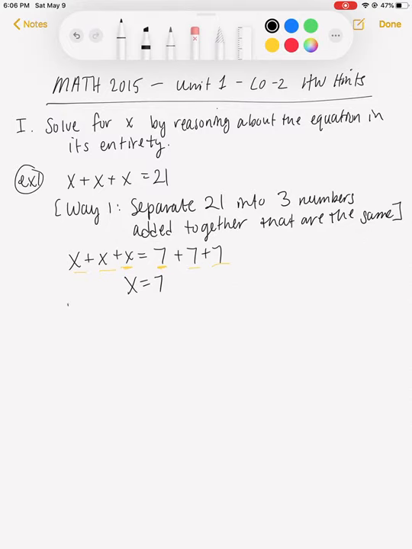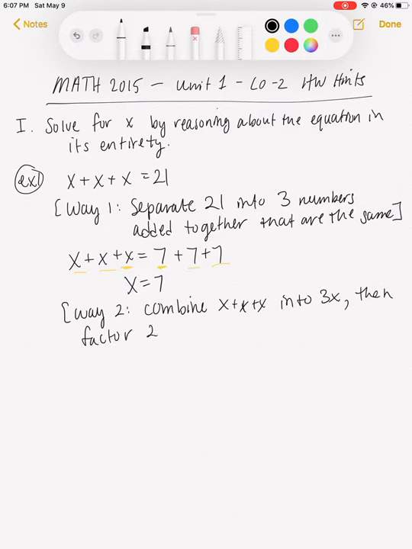Way number 2, we can combine the 3 x's into 3x, then factor our 21 into 3 times some number.